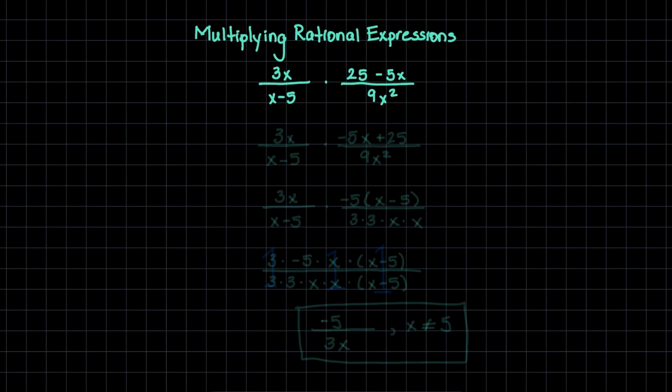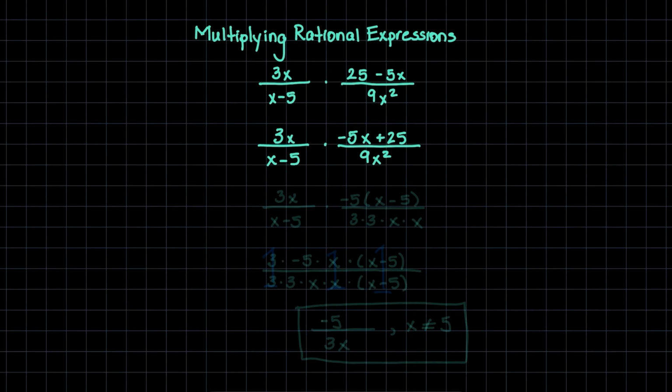All right, our next example, we've got 3x over x minus 5 times 25 minus 5x over 9x squared. Before I begin factoring, I'm going to flip around negative 5x plus 25, because I prefer everything in standard form, because factors like to hide when things are not in standard form, and sometimes students miss it if you aren't aware or looking for it.